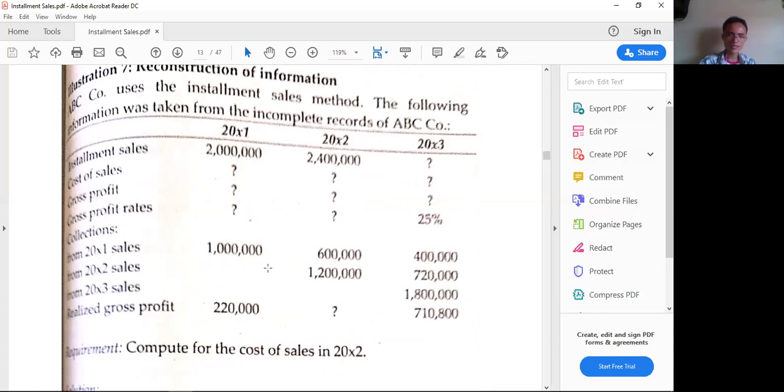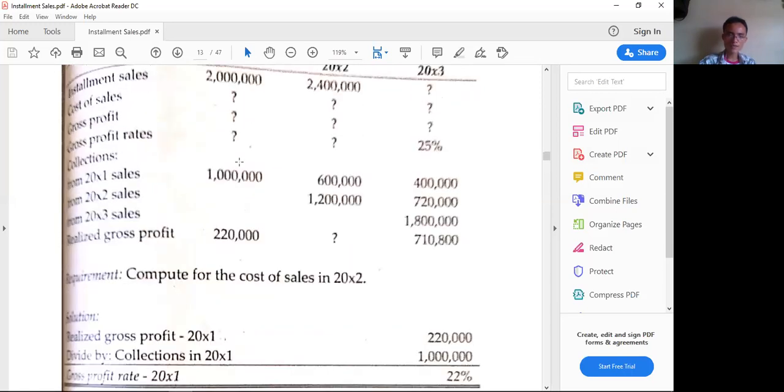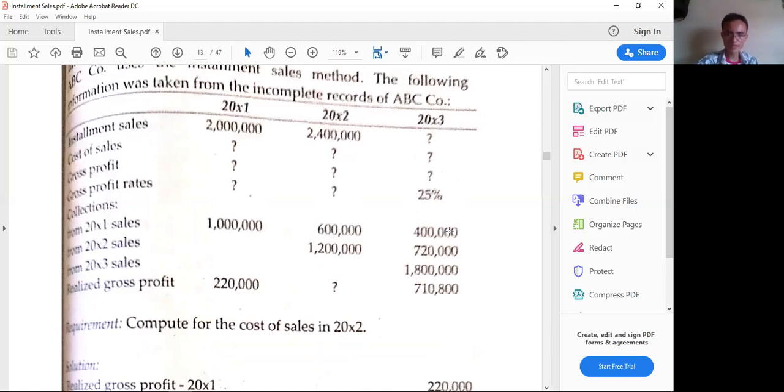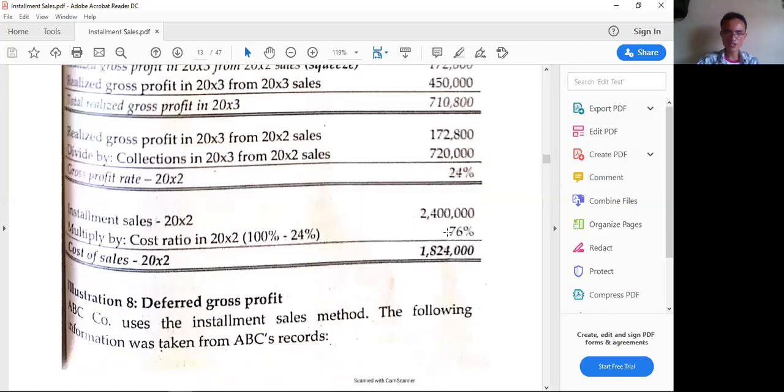Yeah, we can also do that. So 2 million times 22%. What about in 20x3? For 20x3, if we have here the collections, we don't have the receivable. So we cannot work back about it for the installment sales unless there is DGP beginning. Okay, anyway, so that is how we compute for reconstruction of information.